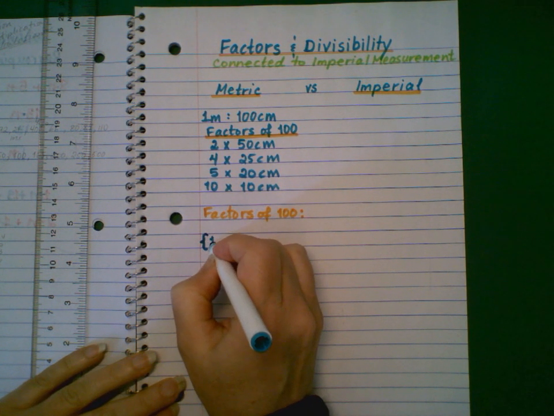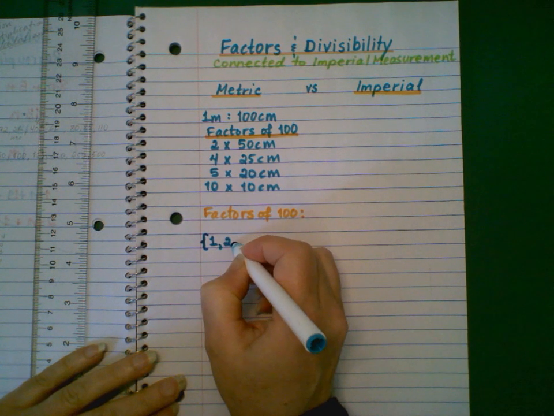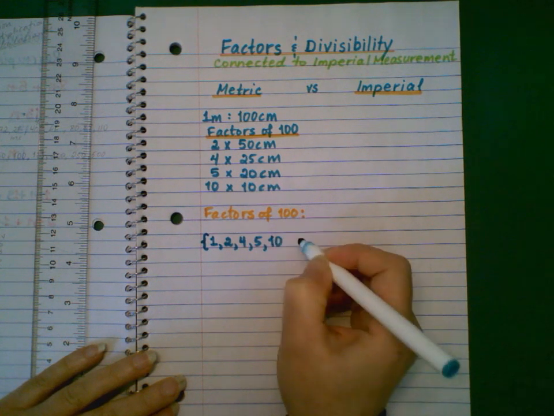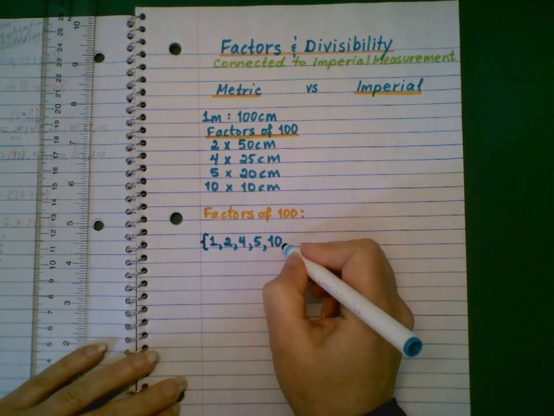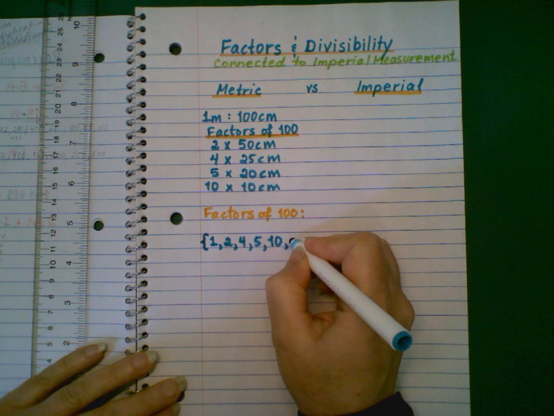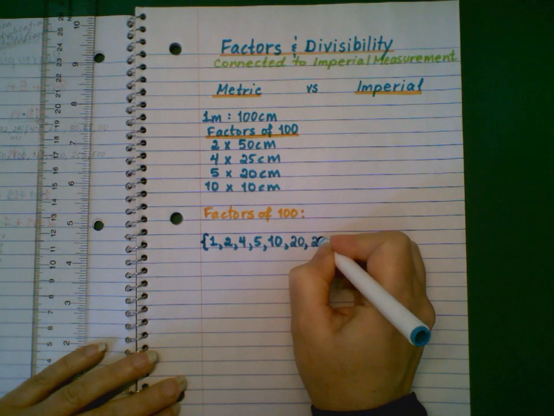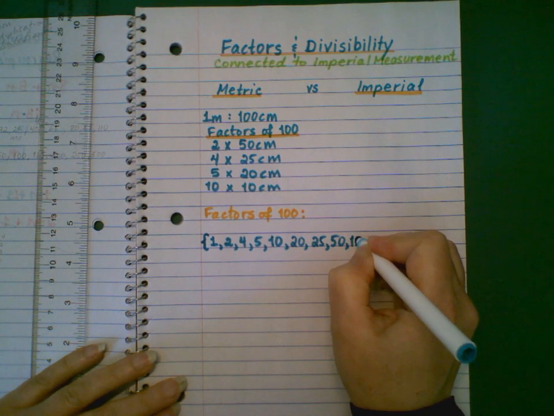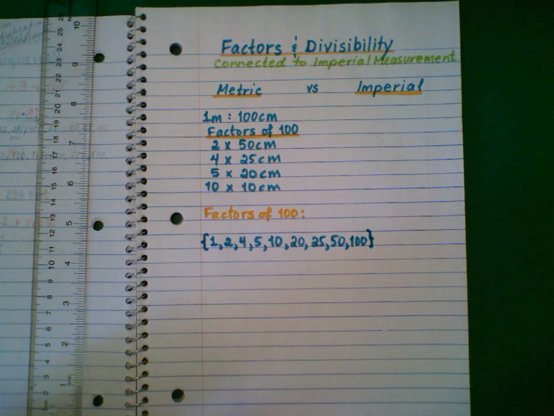So I have 1, I have 2, 4, 5, and 10. 10 is times itself, so I'm not going to repeat that one. 5 was times 20, 4 was 25, 2 was 50, and then 100. So this is the complete list or set of all factors of 100.